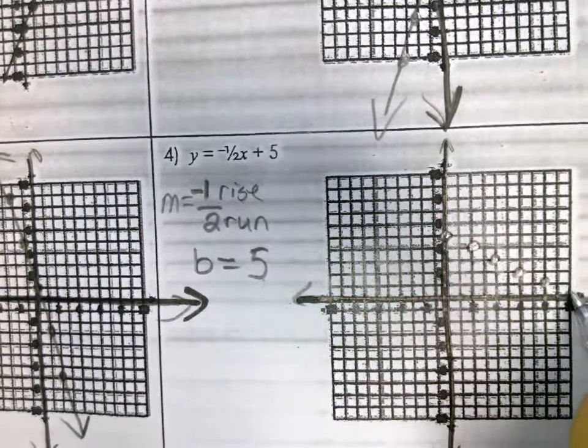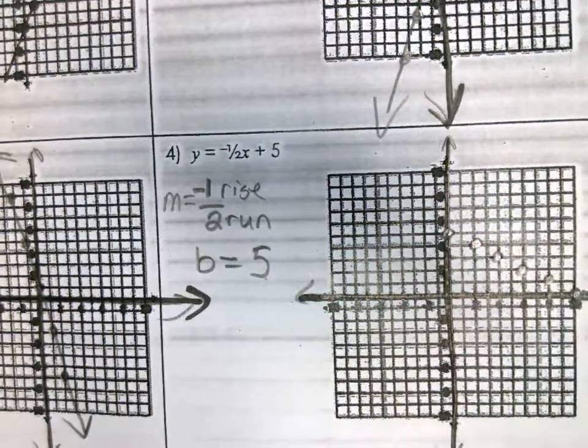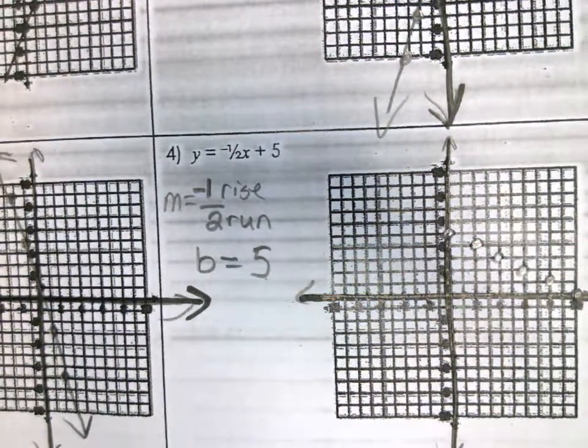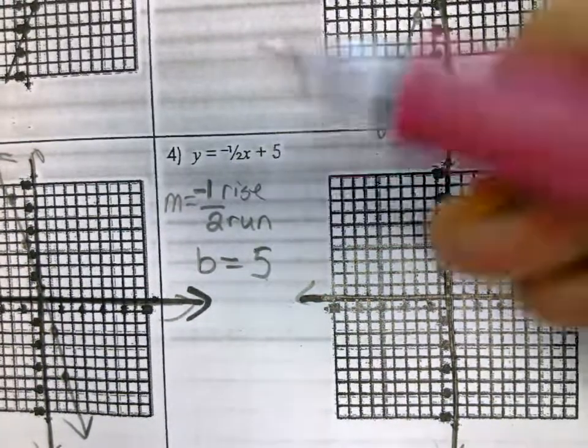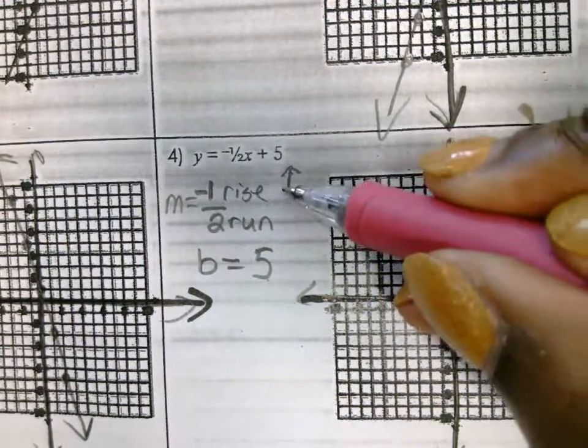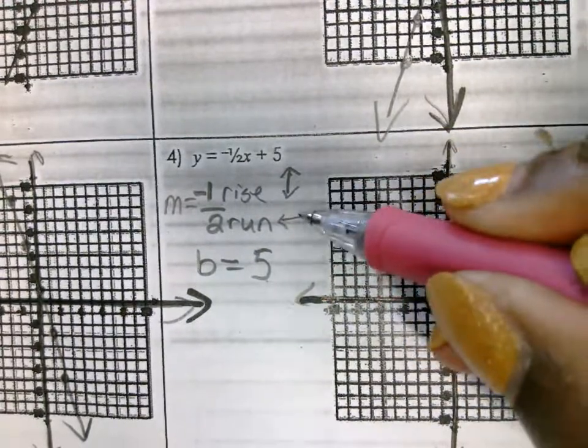Brayden, what's wrong? I'm just confused. Do you understand that rise is up and down and run is left to right? Yep.